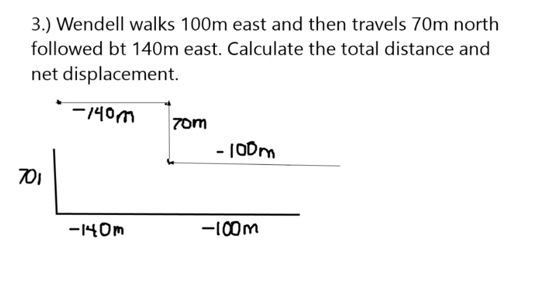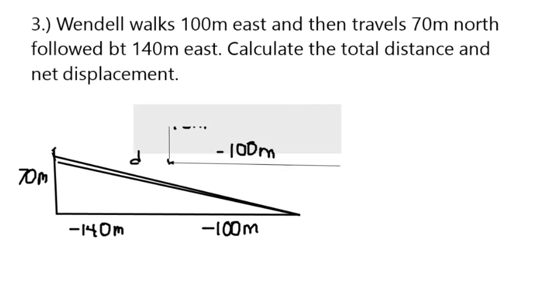And then 70 meters upward. As you can see, we can draw a right triangle, which means we can solve this problem by using the Pythagorean theorem once again. So Pythagoreans are winning on this kind of problem.